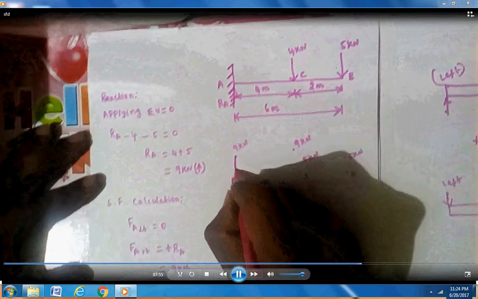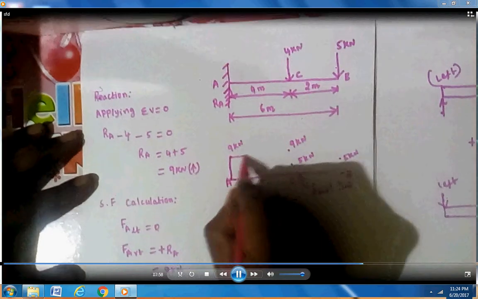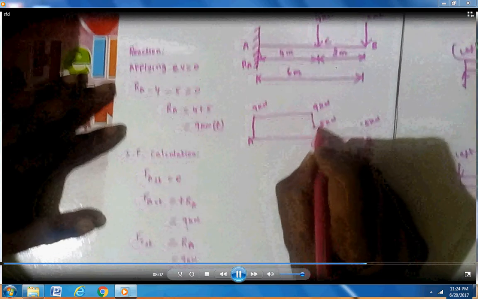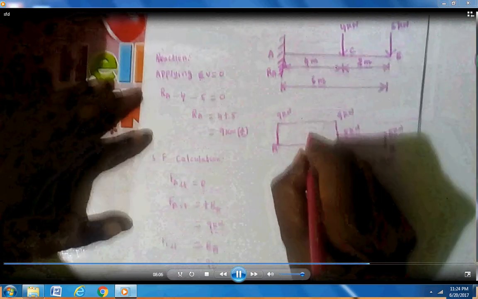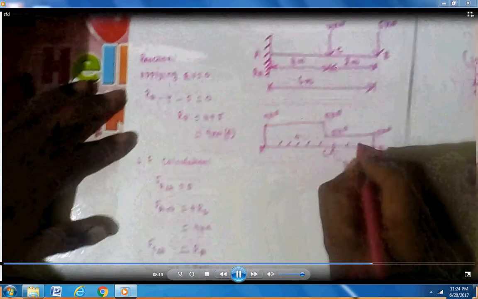Then join A left to A right, A right to C left, C right to B left, to B right. Here all the values are positive, so put a positive sign.